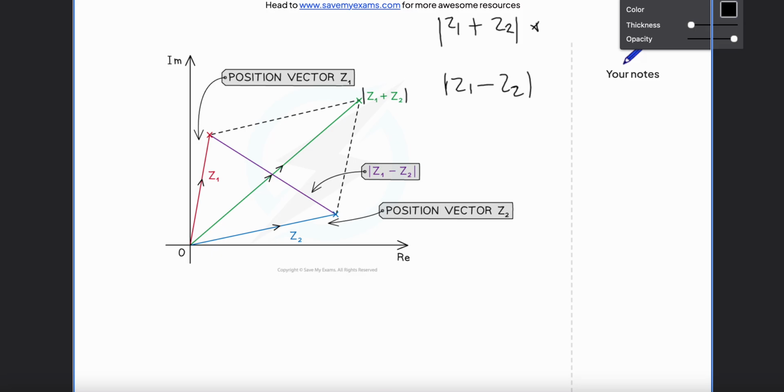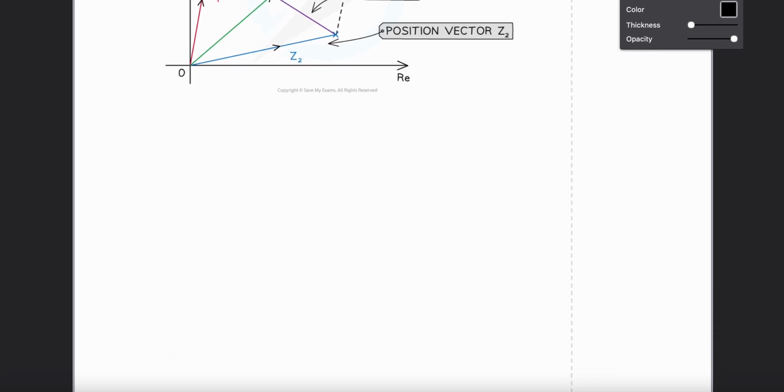And the diagonal connecting the two vectors is the modulus of Z1 minus Z2. Okay, I think that part you understand.